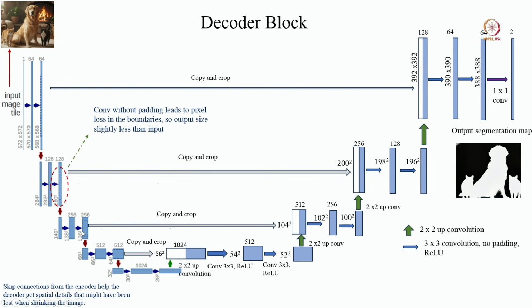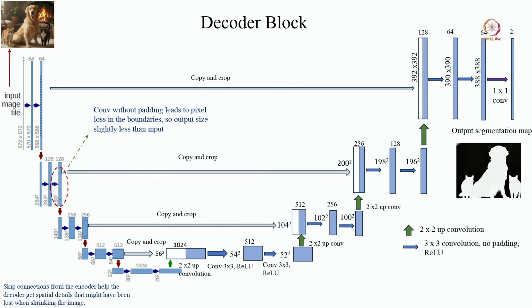So at every step there is a reduction in the size, and then it goes through the bottleneck layer, and then it goes for the up convolutions. When we take these feature maps, if we take the entire size of the feature map from the encoder part and try to concatenate it with the decoder's feature map, there will be a size mismatch, because when the convolutions happen at each and every step, there is a size reduction, and that is carried forward here.